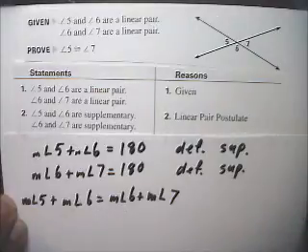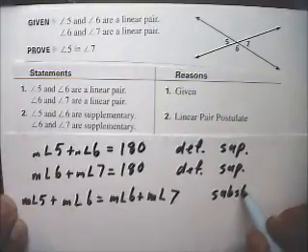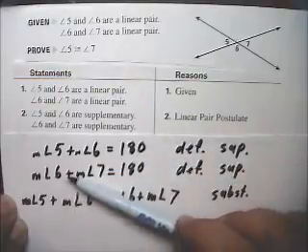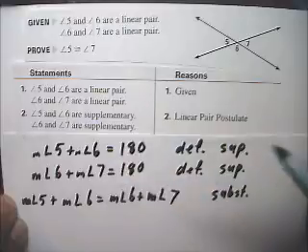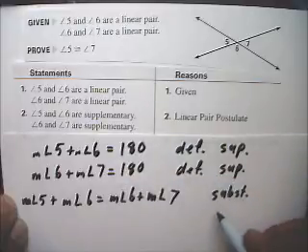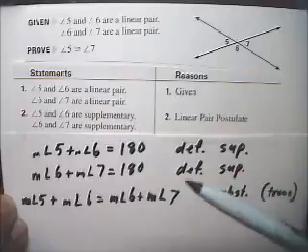And for a reason, you'd probably put substitution, because instead of 180 here, you're able to substitute this. You can substitute equals for equals. Another reason you could put is transitive, because two things equal to the same thing are equal to each other.